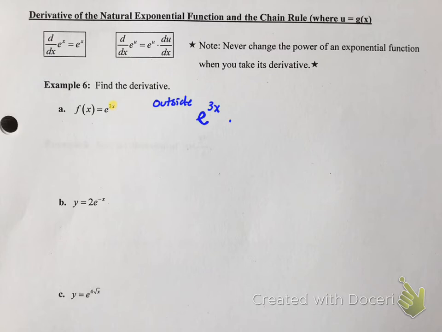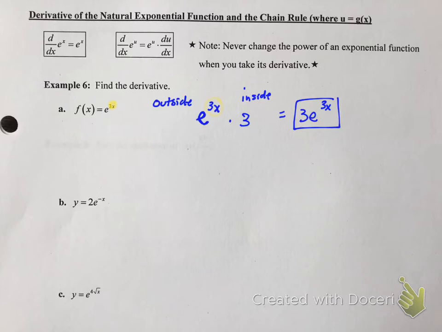And now I have to do the inside function. So the inside in this case is going to be this 3x. So the derivative of 3x is just 3. So the answer of this is going to be 3e to the 3x. Okay? All right, so chain rule again.